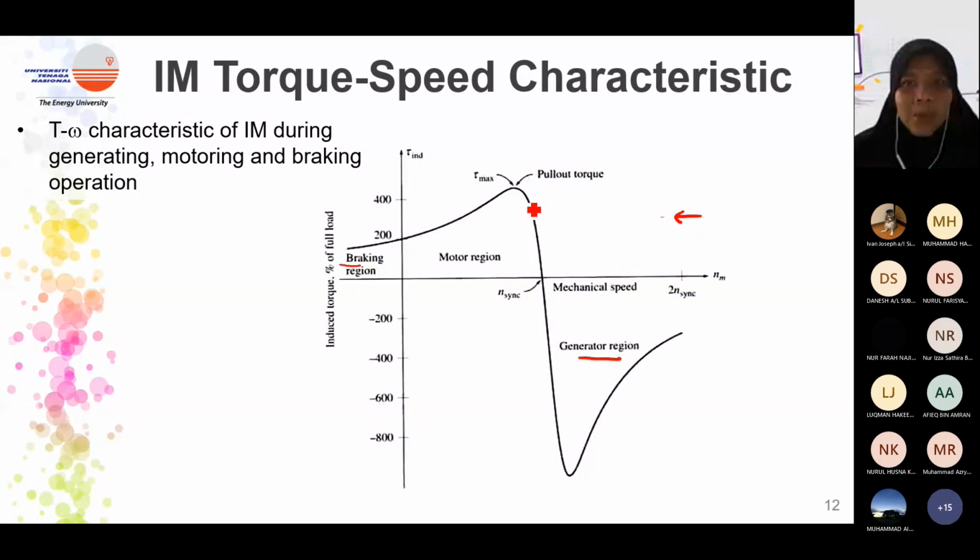Okay, the motor region, where we have T-max, which is the pull-out torque. But in generating region also we have T-max juga kat sini. Okay, which is in the negative region. Okay, generating. And the synchronous speed is still the same. Okay, so there are three parts of torque speed characteristic for the induction motor: generating region, motoring and braking operation.